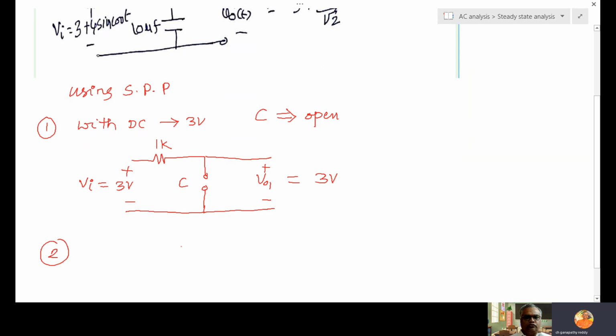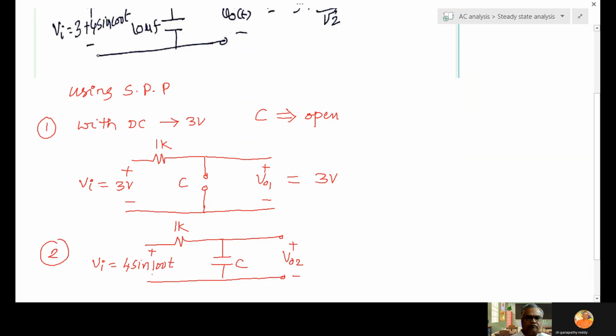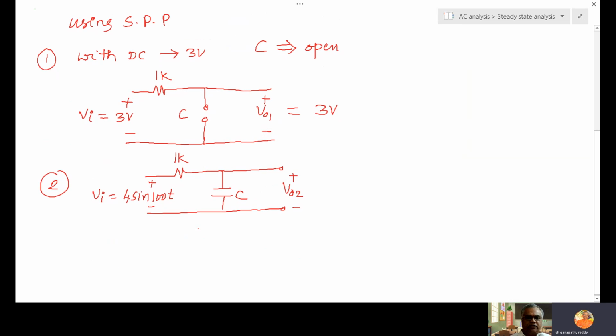With AC, don't use the words short or open. Replace the capacitor with capacitor reactance, for sin 100t. So what is the capacitor reactance?